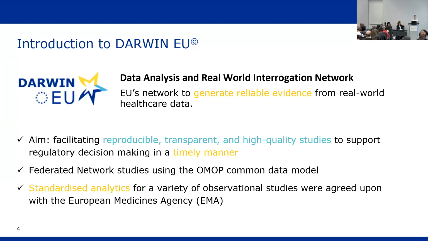The way we do that is we carry out federated network studies using the OMOP common data model. As of today, there are 10 databases mapped to OMOP that are onboarded for Darwin, so we can use them to conduct studies. We use standardized analytics for a variety of different types of observational study, and those analytics have been agreed upon with the European Medicines Agency as part of a catalog of standard analytics.